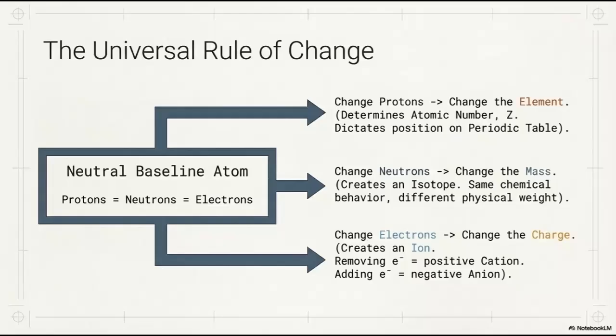So atoms. You have protons, you have neutrons, you have electrons. They're not all equal. But there's three things that can happen. If I look at the protons first, I can change the protons of the element. If I do that, I change the element, because protons tell you the atomic number of the element.